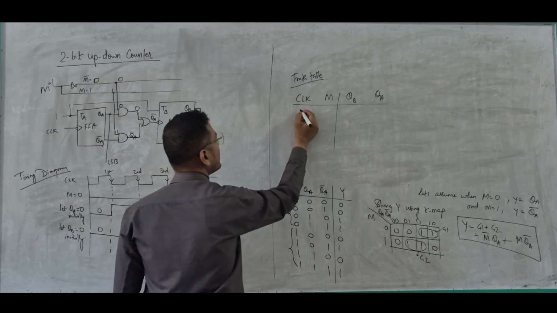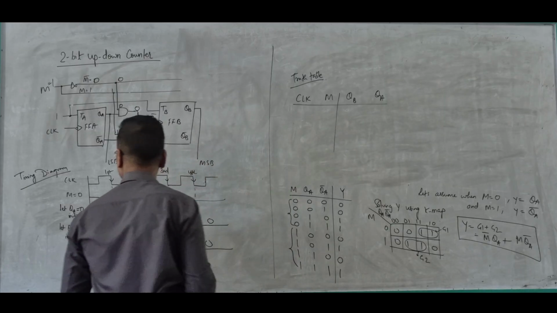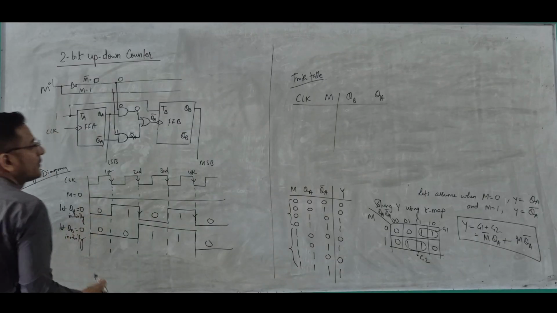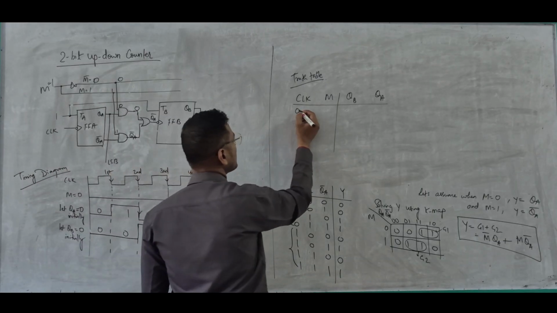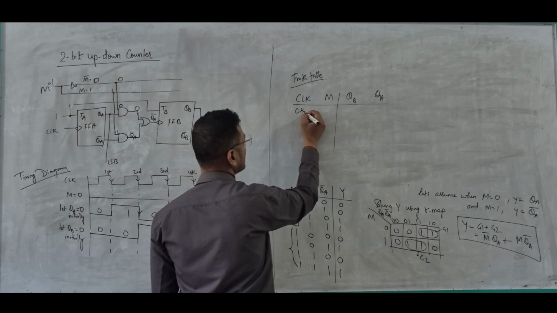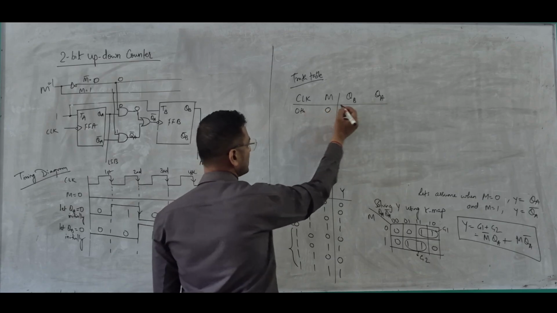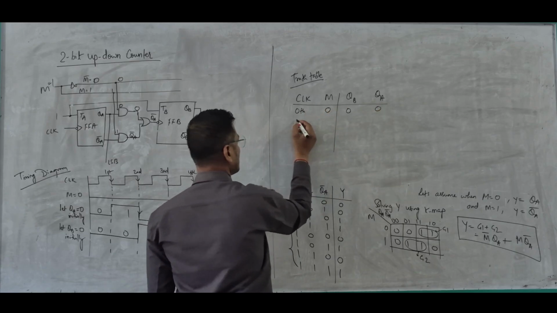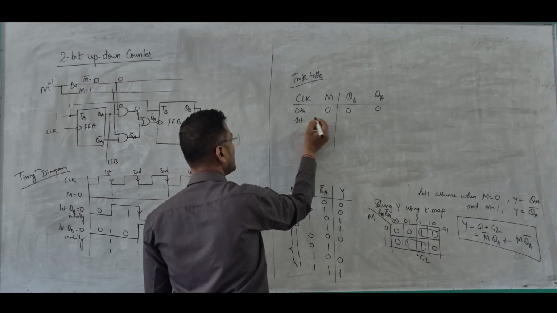So clock is 0, M is 0, and N is 00. First clock, M is 0.